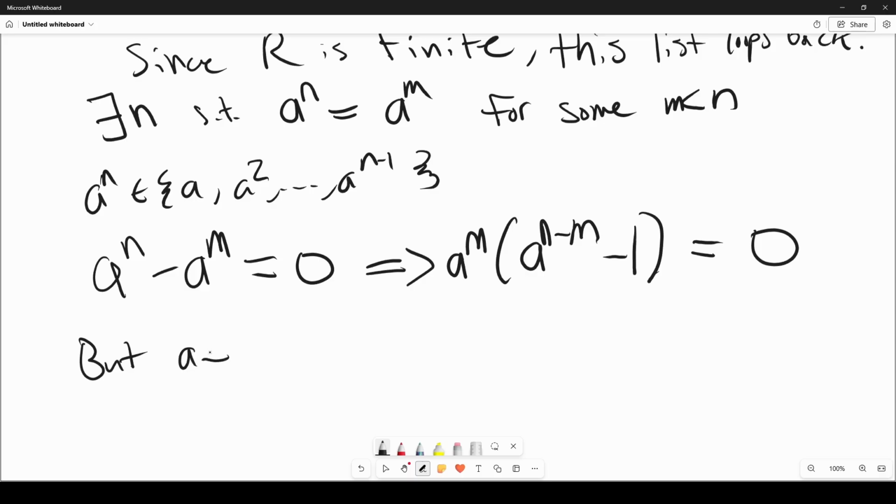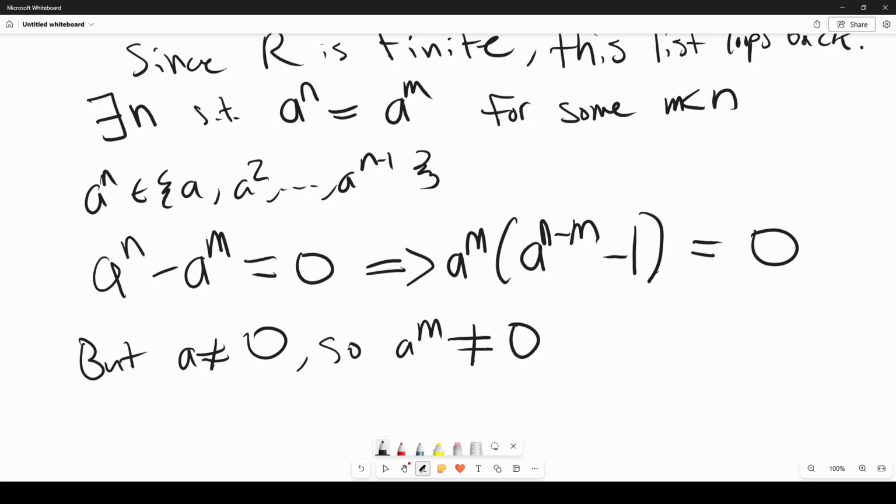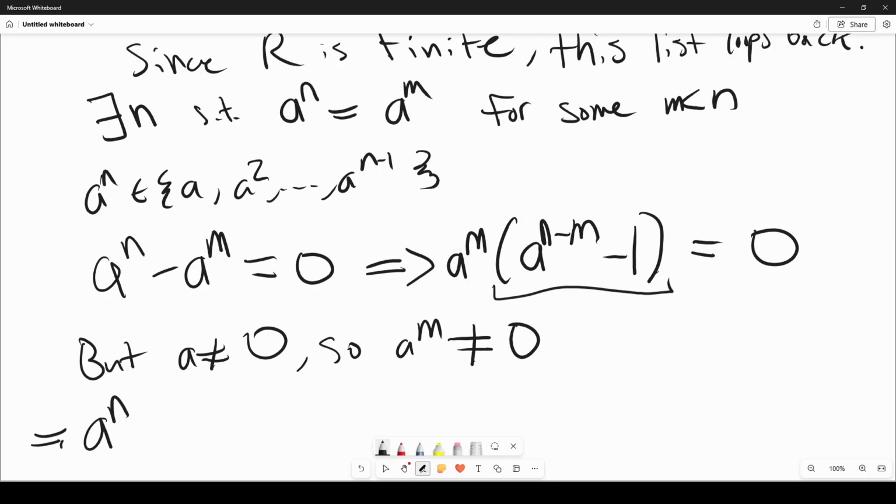But a is not equal to 0 by assumption. So this is not 0. So since a to the m is not 0, I know that this other term has to be 0 because I'm in an integral domain, which means that a to the n minus m equals 1.